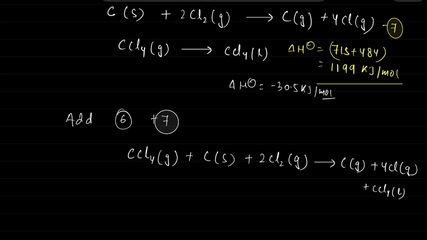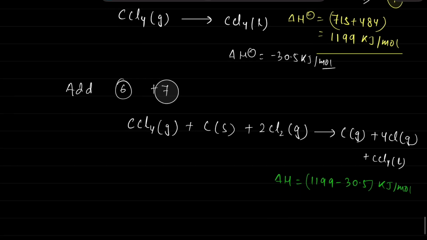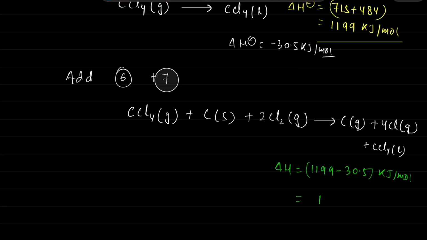So the change in enthalpy will be equal to 1199 minus 30.5 kilojoule per mole, which is equal to 1168.5 kilojoule per mole. Let's consider this as reaction 8.